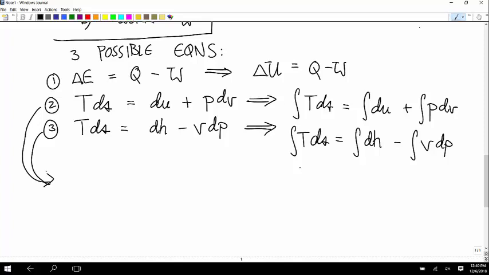Okay, so if you take this integral, temperature is constant, so that's nice. We can pull the temperature out of the integral. So we have T times the integral of ds, which I'm going to write as S2 minus S1, is equal to U2 minus U1 plus the integral of p dv.